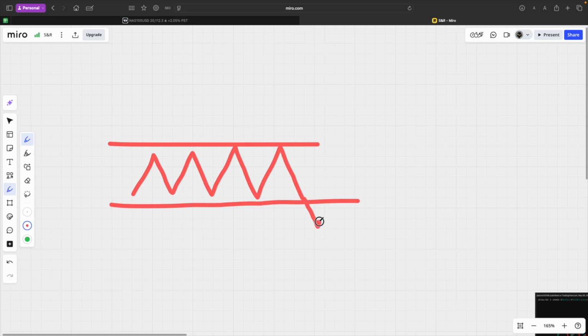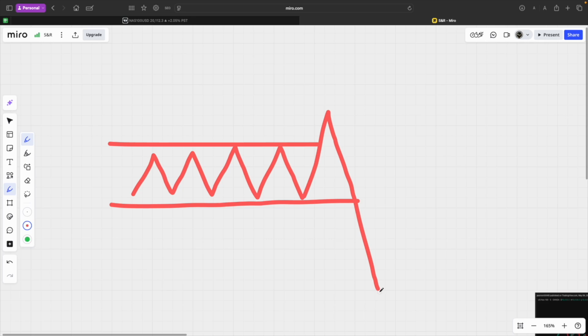And then we have a distribution phase where price continues in the opposite direction. If we have manipulation this side, we are going to wait for price. Then we have accumulation, manipulation to the upside, and distribution to the downside.